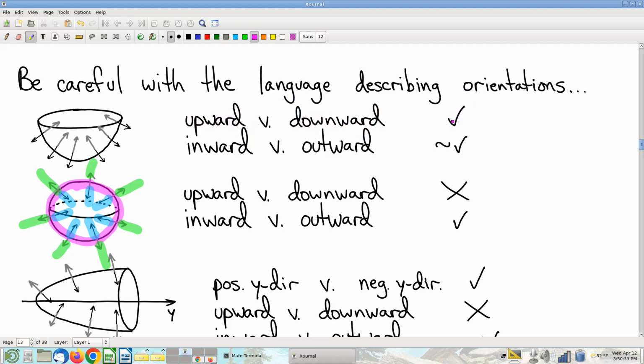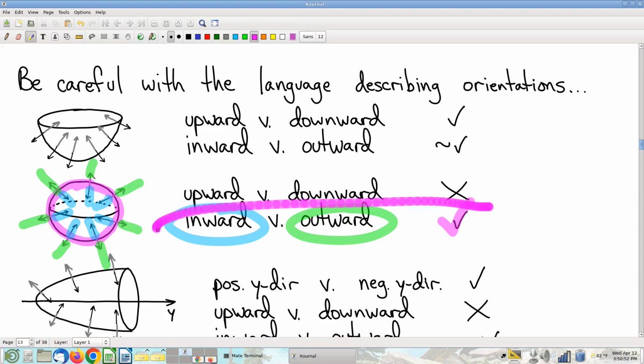And in this case, for these surfaces, I think it's pretty clear outward is the perfect description of those green orientation vectors, and inward is the perfect word to describe those blue ones. So here we have some fantastic options. So always tailor your language to the specifics of your surface.